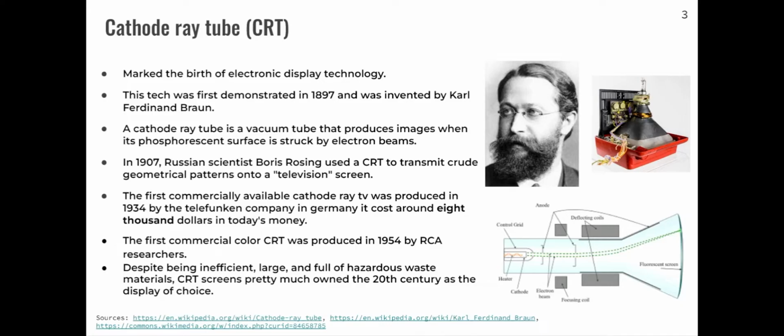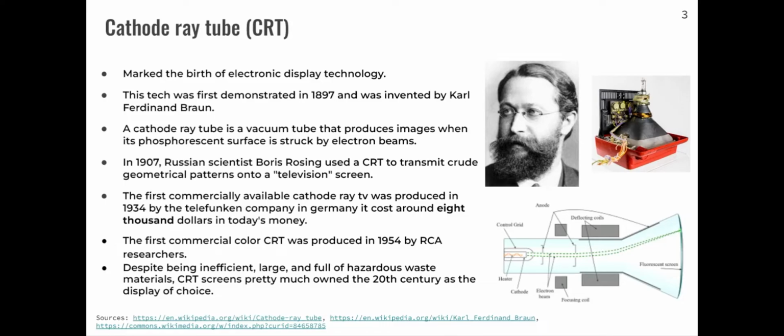He invented the cathode ray tube, which is a vacuum tube that produces images when its phosphorescent screen is struck by electron beams. So on the picture on the right, we can see John Logie Baird and the cathode ray tube which he invented on the bottom right. So it has a fluorescent screen which illuminates when electrons hit the screen.